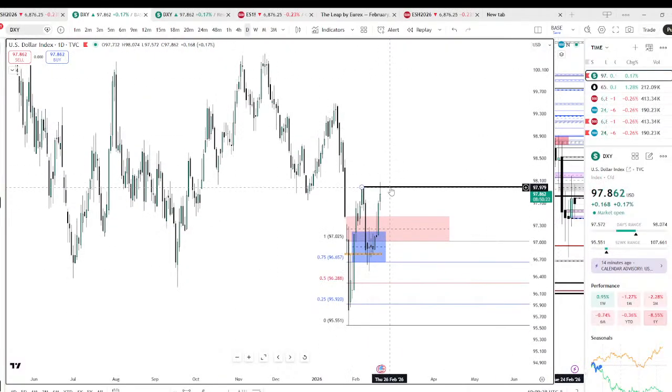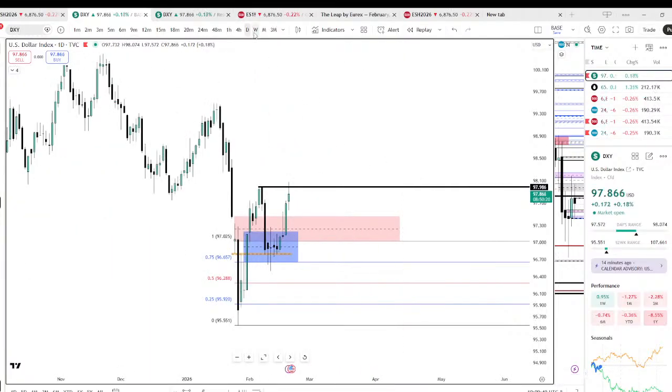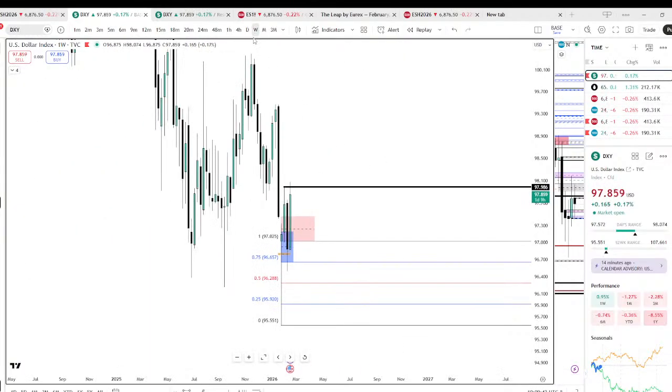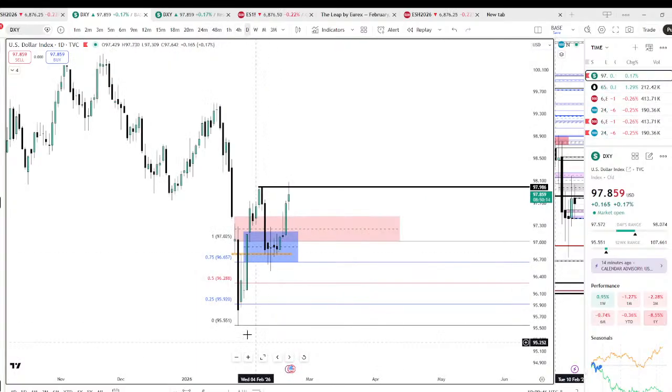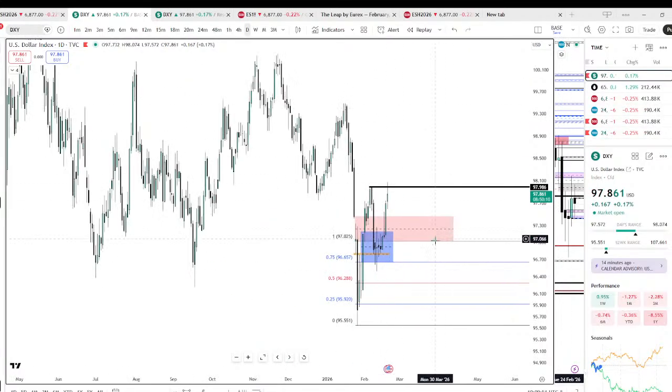But now that we took that high out, it's free to move lower if it wants to. There's still sell side below here, but pretty much this is all we are looking for.